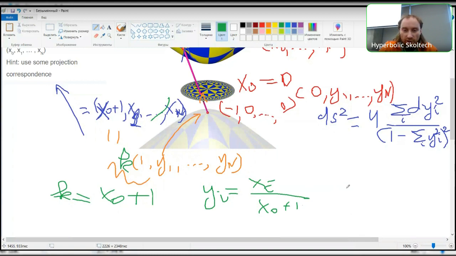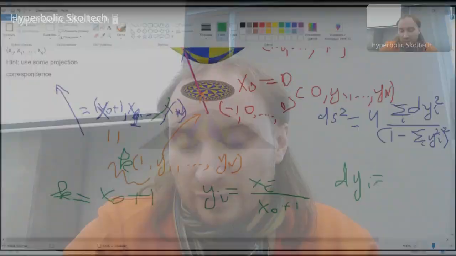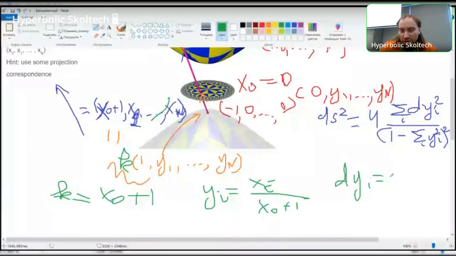So let's compute dyi. This is differentiation over any argument which y could be a function of.